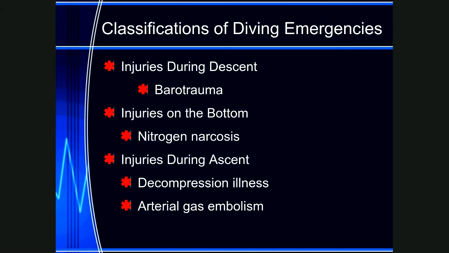All right, so with diving accidents, the stuff that you put in your bottle is air. It's not oxygen. It's 78% nitrogen and 21% oxygen. So when you are diving, for every 33 feet that you go down below the surface of the water, you're entering into a different atmosphere.